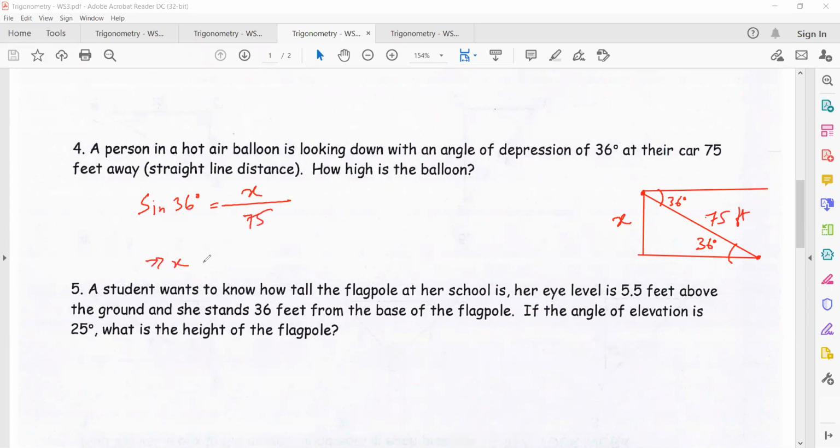So x equals 75 times sine 36. What is x?